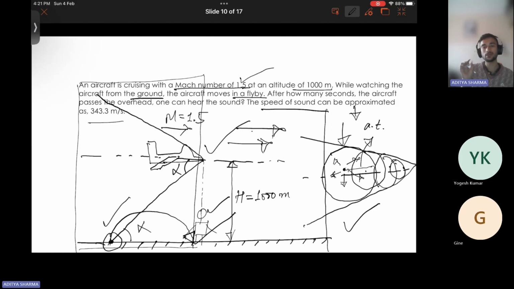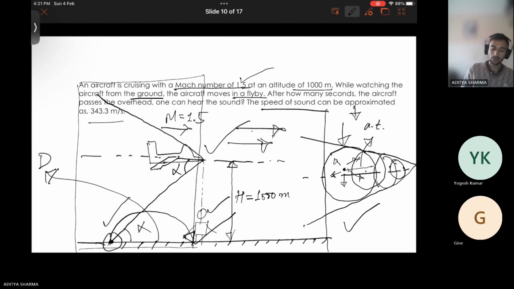With the speed of this aircraft, because obviously this whole cone is moves with the aircraft only. Let us call this distance d.